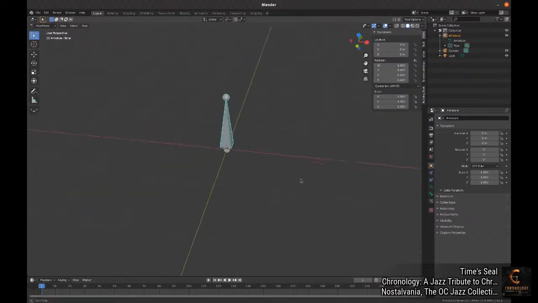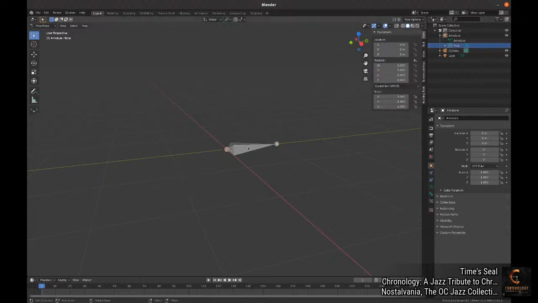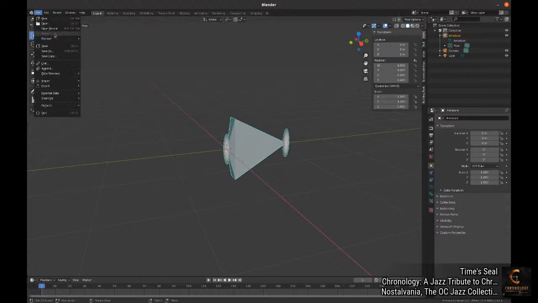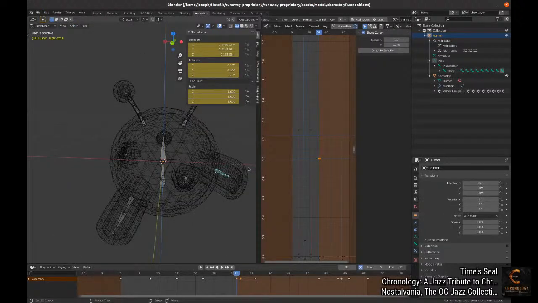Yeah, by default it points along the z-axis, but y is the actual x. So if I do that, then it will make sense. X will be along the x-axis, y will be along the y-axis, and z will be along the z-axis. Don't save. Okay, that's just how it is.